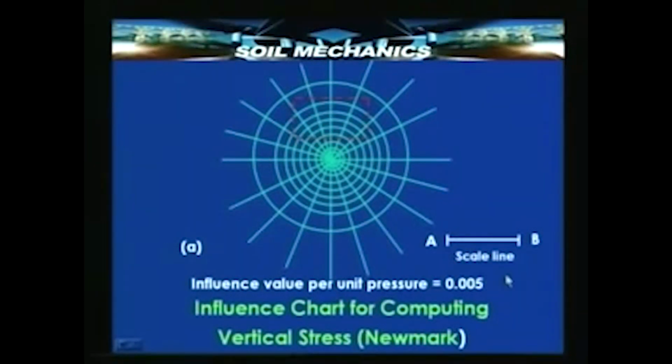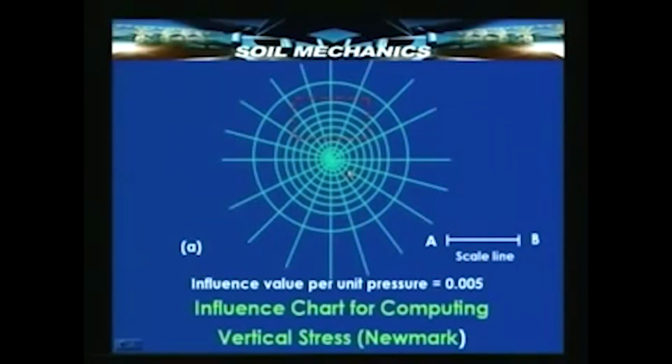This gives us an interesting method of computing stresses beneath any area. All that we need to do is choose a scale A B as the scale for the depth, that is, the value of Z at which we want the stresses. This chart has been plotted for a depth scale given by A B equal to Z. Therefore, in order to use the same chart for all loadings and all depths, we always take the length A B of this chart as equal to the depth.